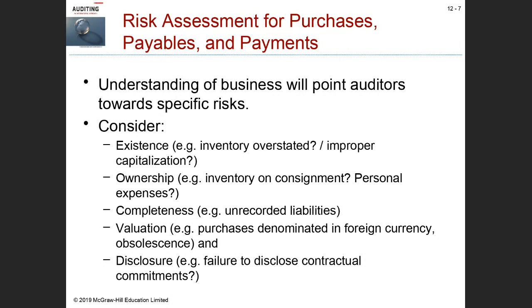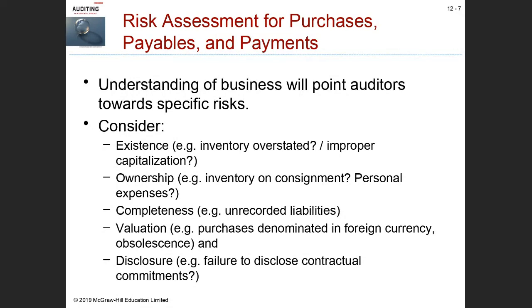And that's what they mention in this PowerPoint, a number of specific risks the auditors will look to be controlled in this particular accounting cycle. So the first one, existence. With respect to existence, from an audit perspective, they're looking at inventory. If inventory is recorded on the balance sheet, does it exist? If it doesn't exist, it means inventory is overstated.